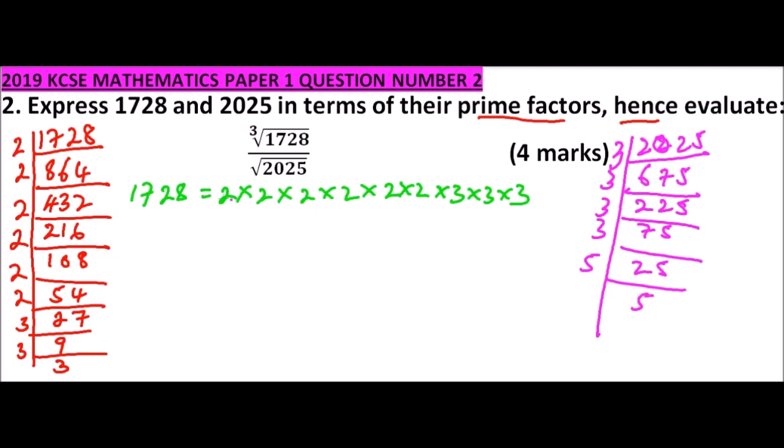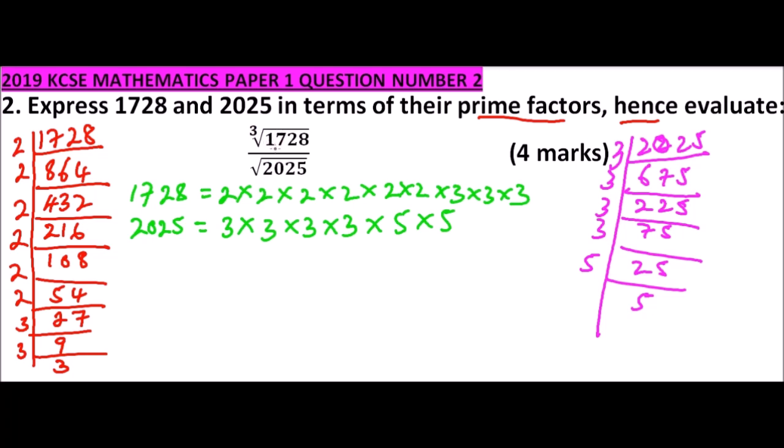So the prime factors of this number, that is 2025, is equal to 3 multiplied by 3 multiplied by 3 multiplied by 3 multiplied by 5 multiplied by 5. So we are through with the prime factors. Then we should be able to simplify this.